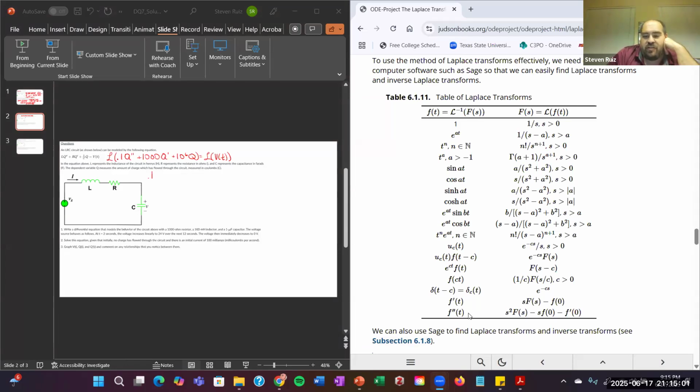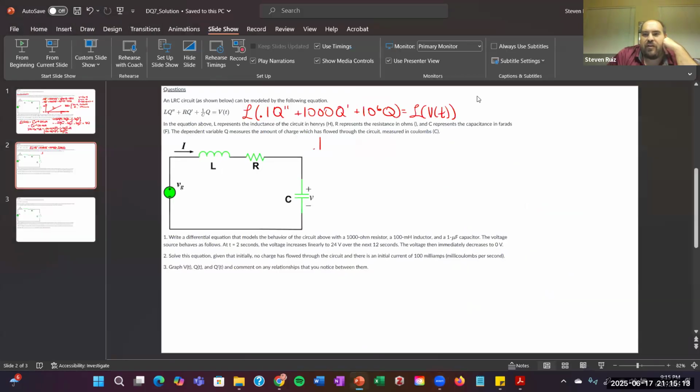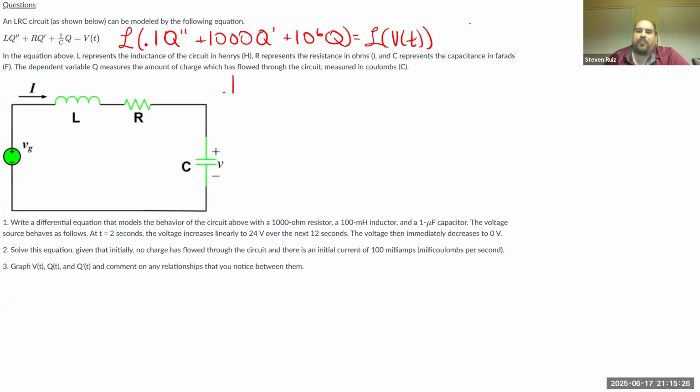So the Laplace transform of f double prime is s squared F of s minus s f of 0 minus f prime of 0. So one thing we need to know before we go forward is let's write down our initial conditions. What is Q of 0?